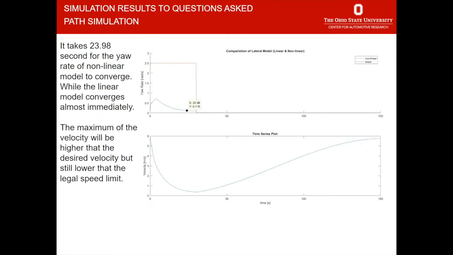And it takes about 24 seconds for the yaw rate to settle down, while the linear model also gets stable immediately. The maximum velocity we get is higher than the desired velocity, but is still lower than the legal speed limitation.